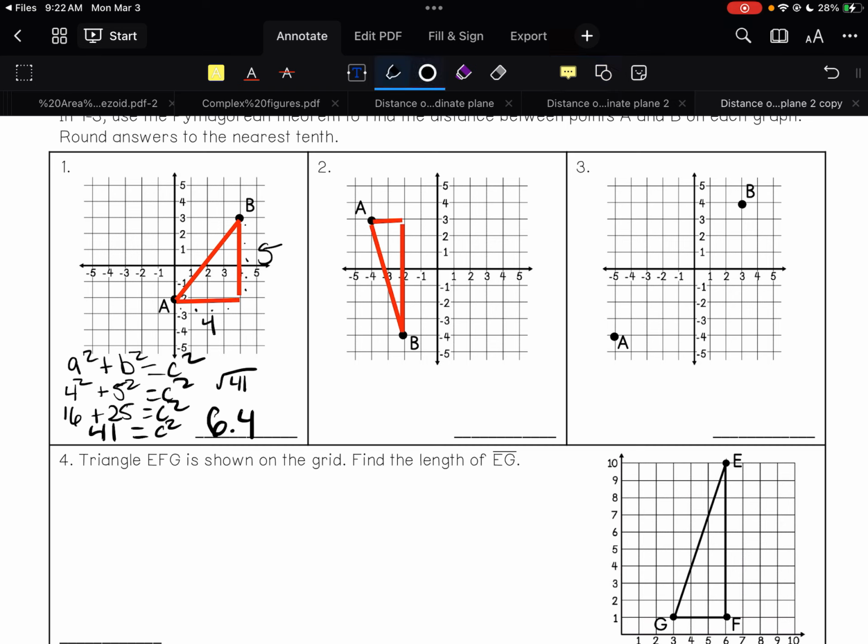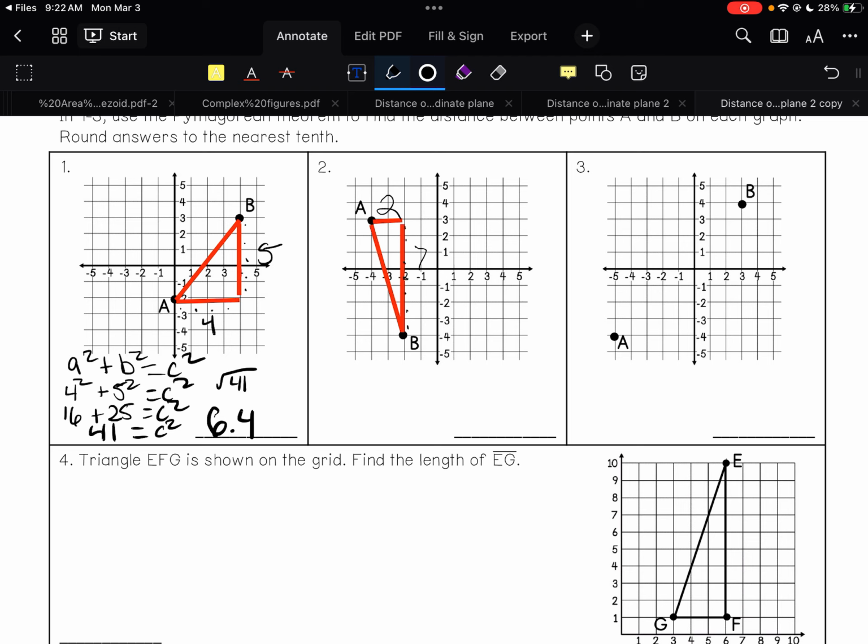You have 2 here is your distance, and then if we count down, 1, 2, 3, 4, 5, 6, 7 is our distance.